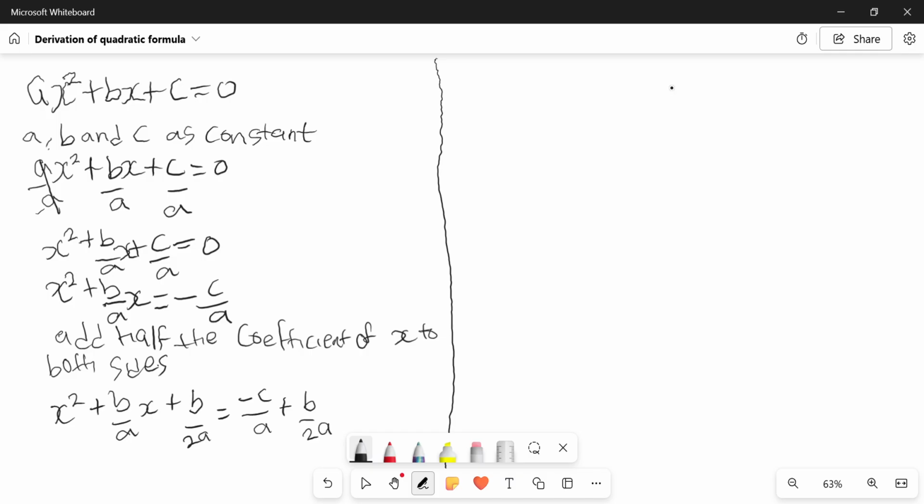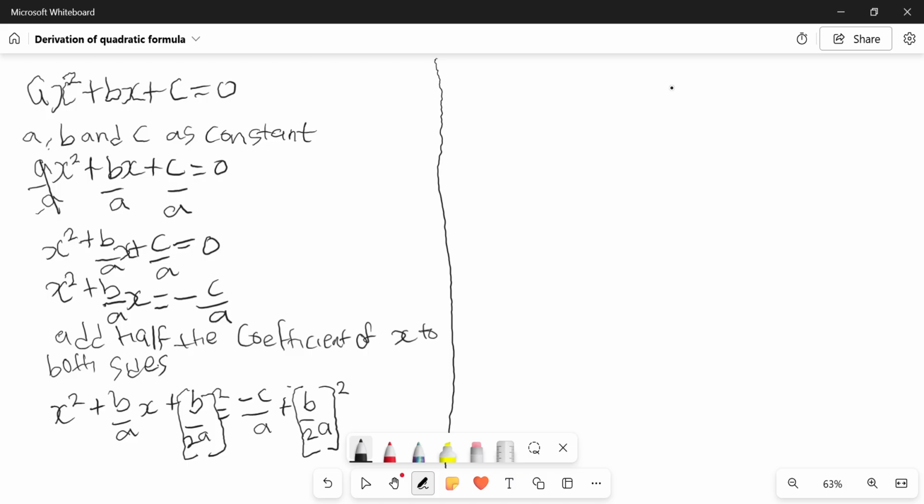Now, for those of you that understand perfect square very well, you will see that your left hand side is already in a perfect square form. So what do you do next? You simply write your left hand side in the perfect square form.